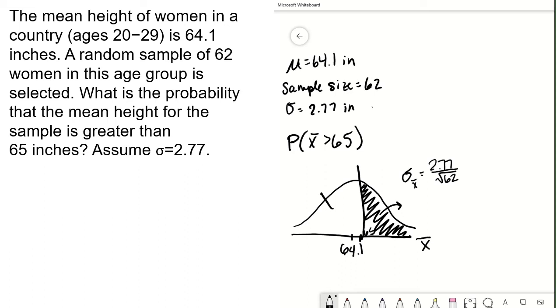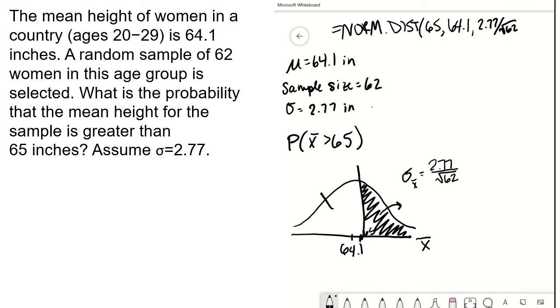So we're still going to be using the distribution formula in Excel, norm.dist. For our x value, we use the one that we're interested in still, which is 65. For the mean, we still use 64.1. But instead of using 2.77, we need to use 2.77 divided by the square root of 62.